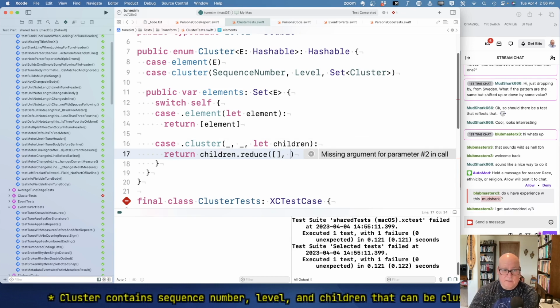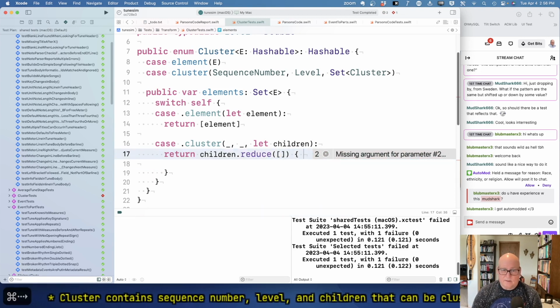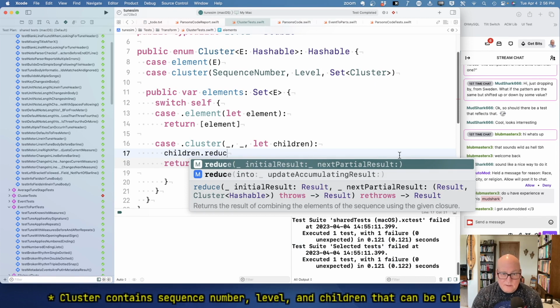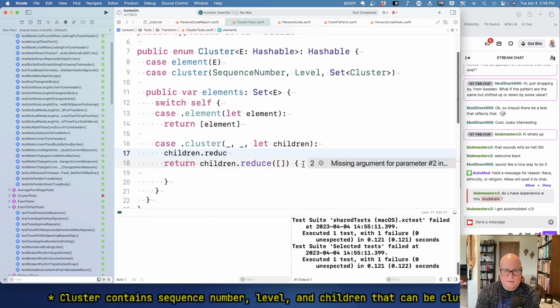So we're going to take that, and then that's our starting one. And then I always get this order wrong. Let me just try children dot reduce. All right. Next partial result is a result and a cluster of hashable. I call it so far. Item in. Whoops.